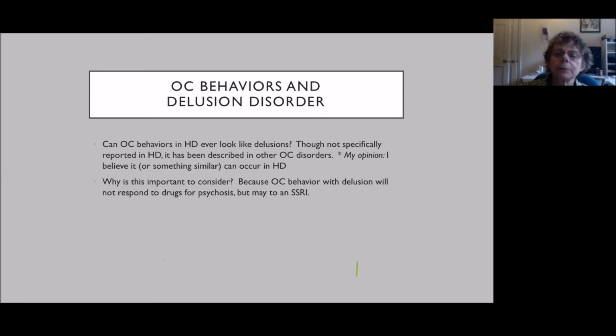So I actually believe that this was a delusion associated with an obsessive behavior that started with something real, as many of these behaviors do. They start with something that is real that then becomes irrational.